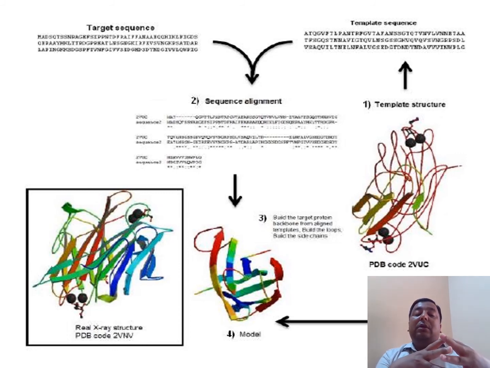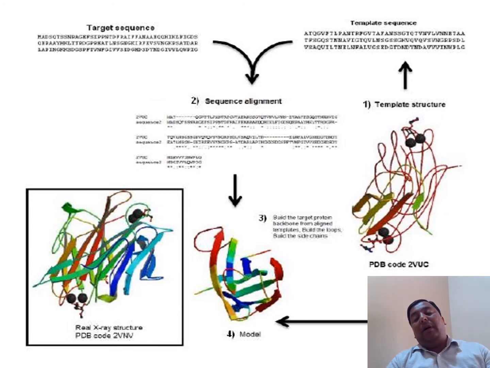So now these structures which we have generated will not have any cofactors or ligands, but we have to see these ligand or cofactor interactions by looking at the template structures already available in the databases in co-crystal forms.